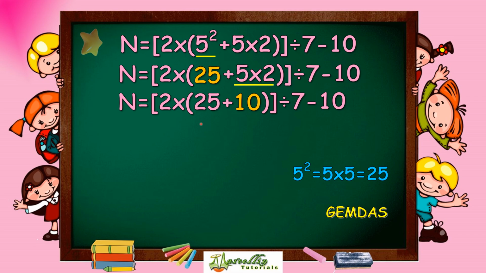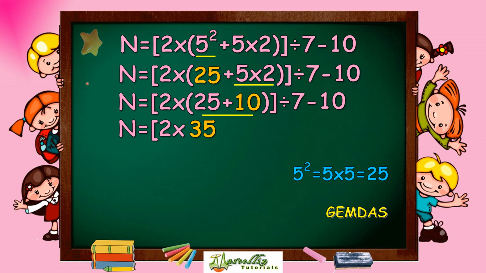Next, let's solve 25 plus 10 since they are in the innermost group. Let's copy 2 times. 25 plus 10 is 35.